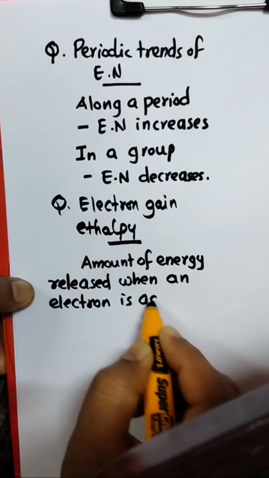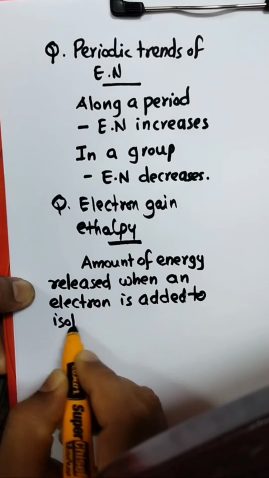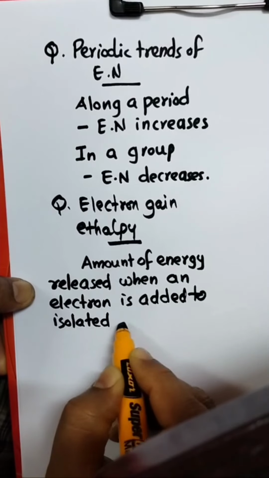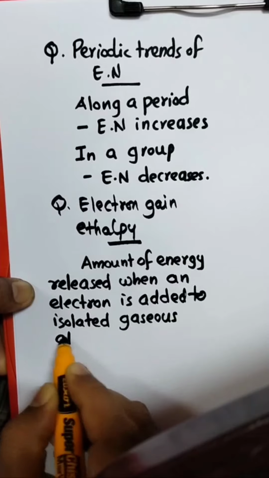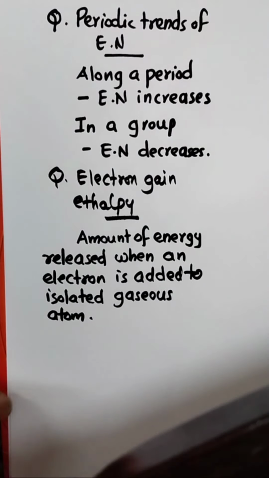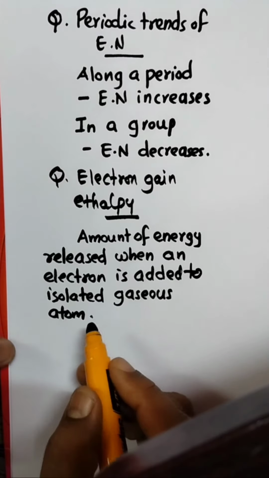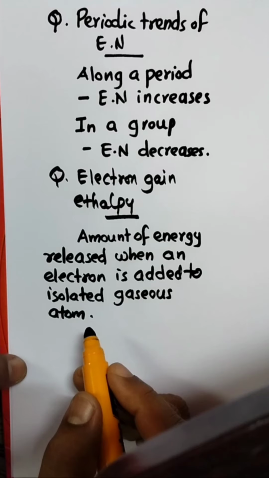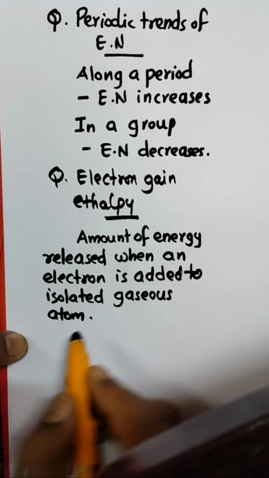Amount of energy released when an electron is added to isolated gaseous atom. That is electron gain enthalpy.